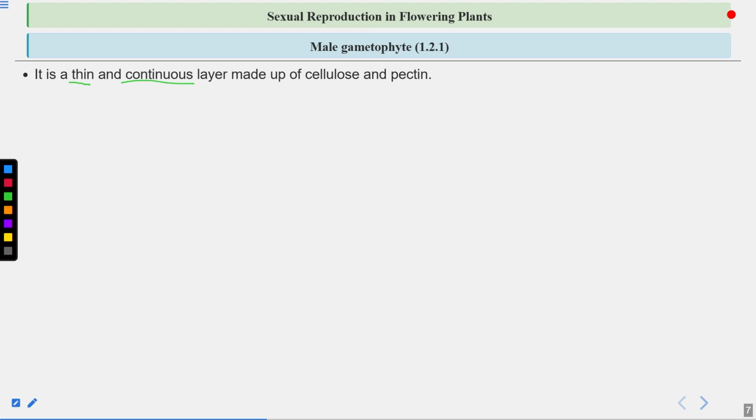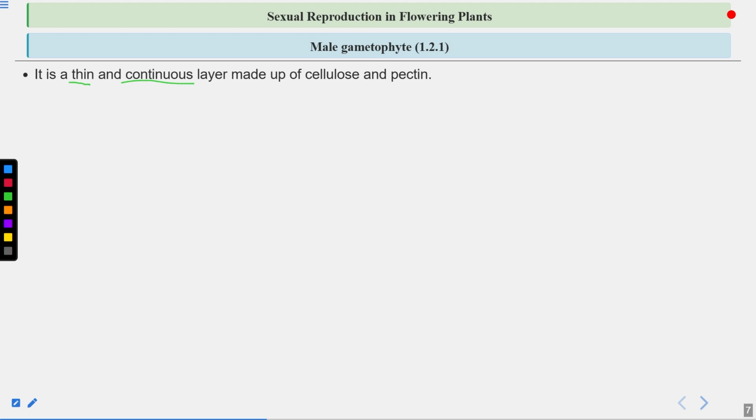And yesterday I got a very good question from one of the students. I don't know who asked that question. That pollen tube is an emergence of what? Whether it is a plasma membrane, whether it is an intine, whether it is an exine. So this pollen tube is the emergence of this particular intine layer, which we are talking about now.